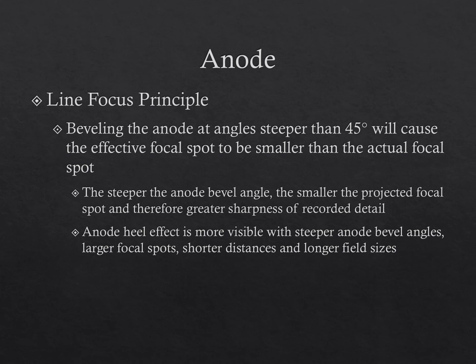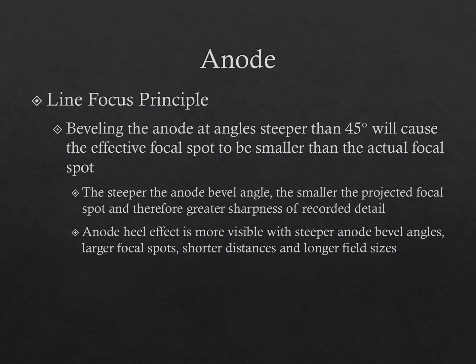So the anode heel effect is more visible with steeper angles, larger focal spots, shorter distances, and longer or larger field sizes. So basically, if you set up with a steep anode angle and you use the large focal spot and you use less than 40 inches, 30, 25, and you had it wide open as far as it could go, you might possibly see the effect of the anode heel effect.